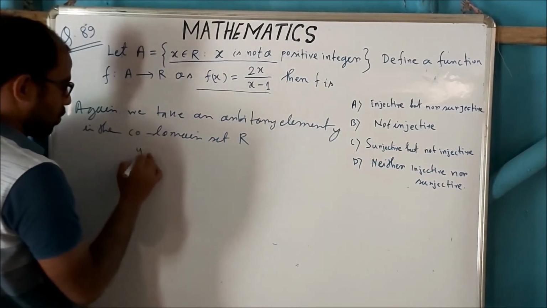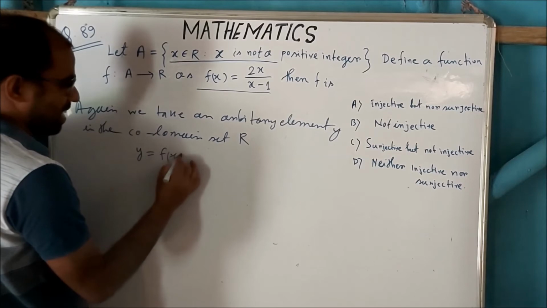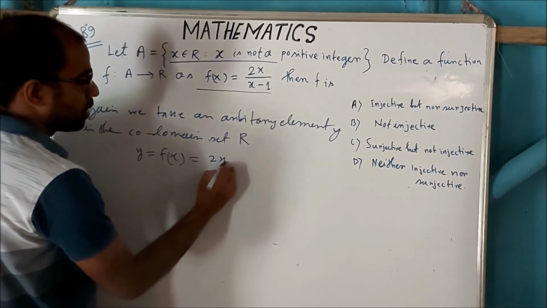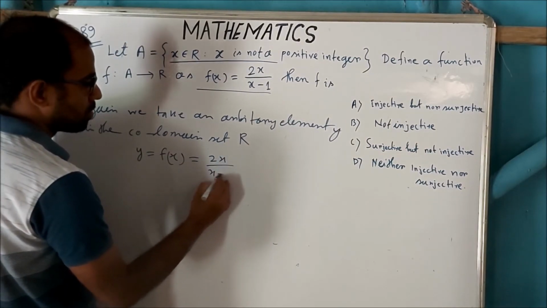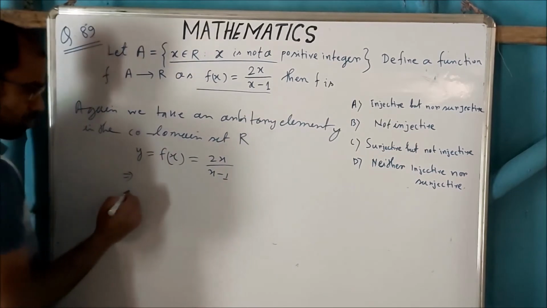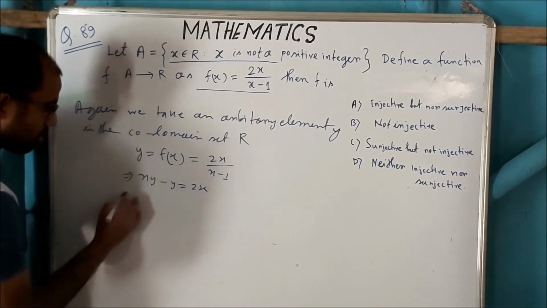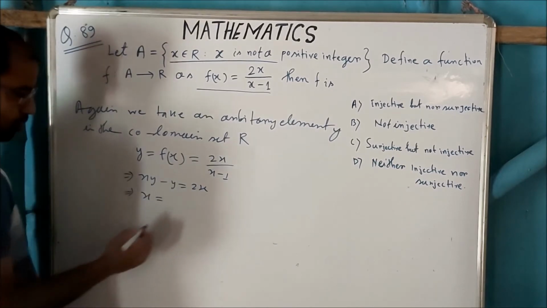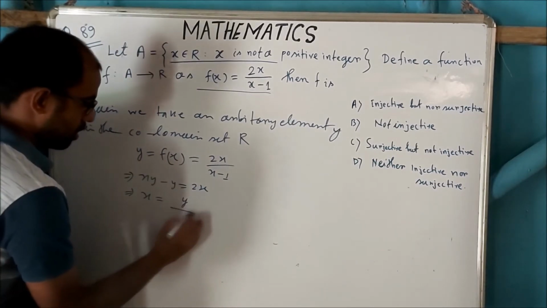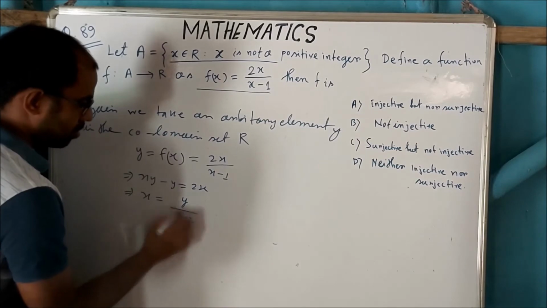So y equal to f of x, which is equal to 2x by x minus 1. So xy minus y equal to 2x. So x is equal to y by y minus 2.